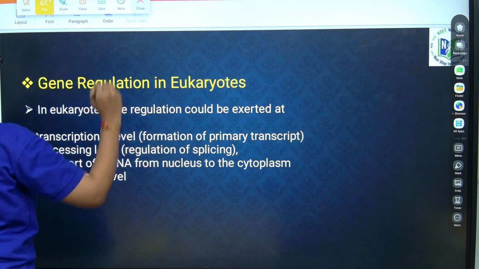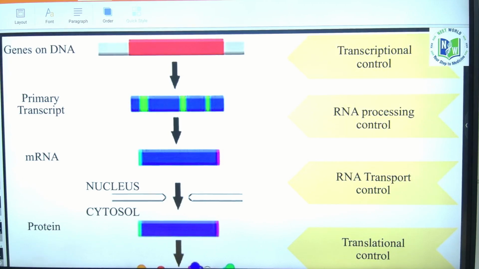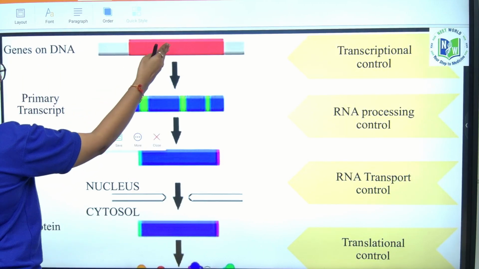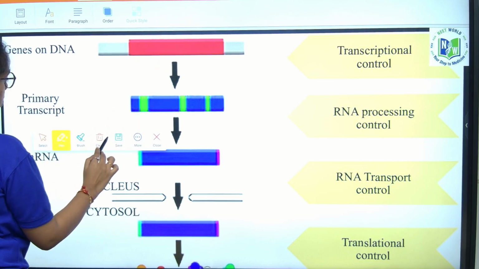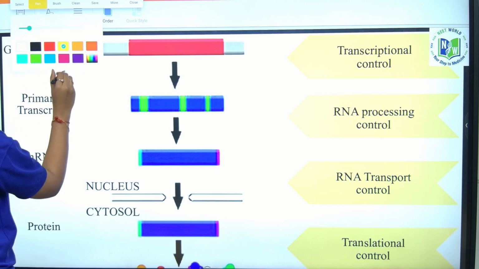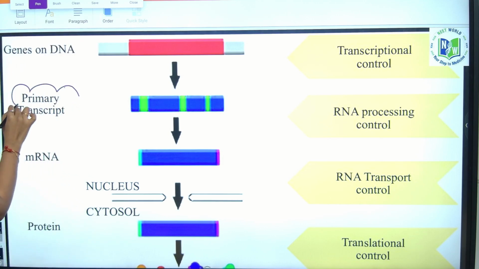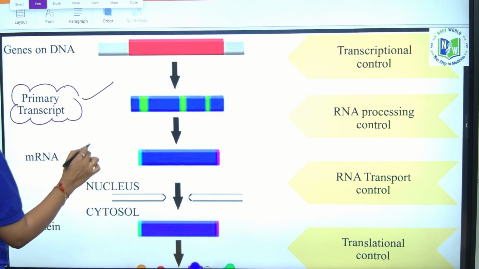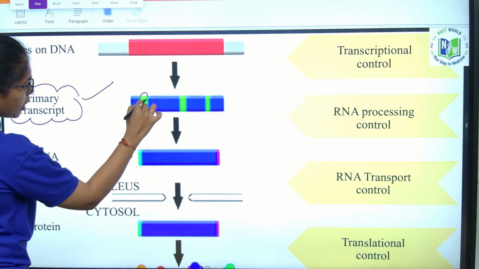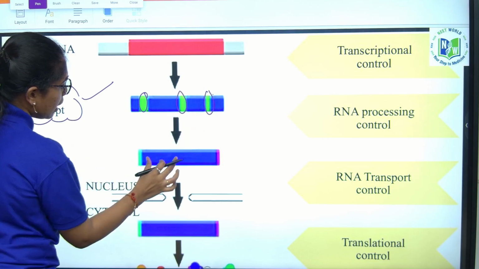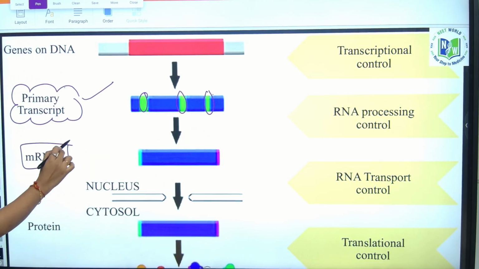You will understand more clearly when you look into a diagram. Here, if you see genes on DNA, first they undergo transcription. After transcription, during the time of the primary transcript, a gene can express. From here, after splicing, mature mRNA is formed.